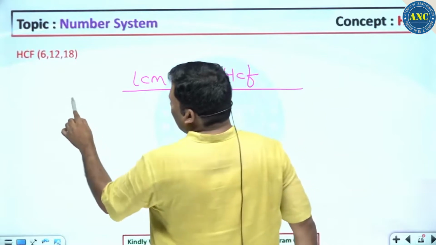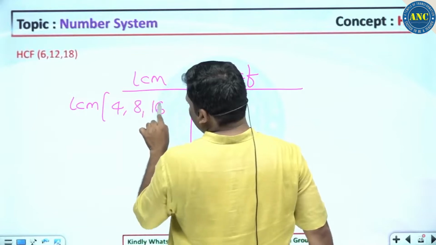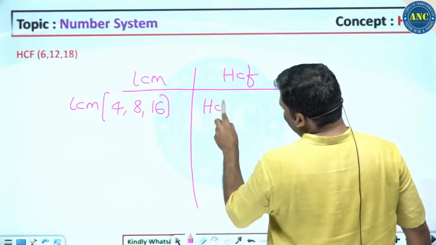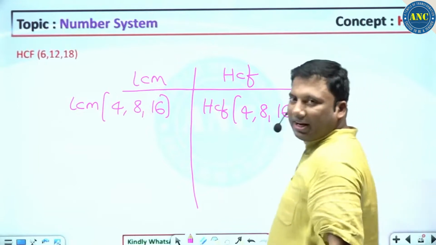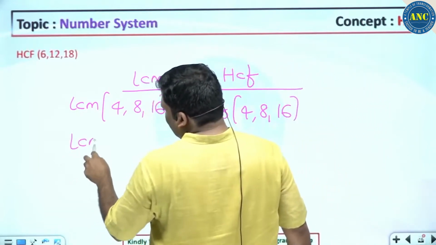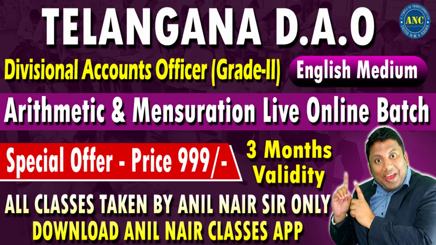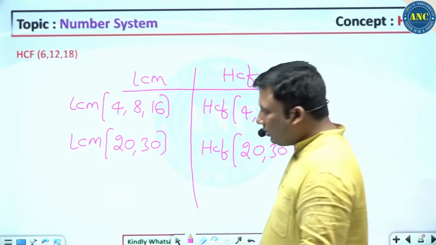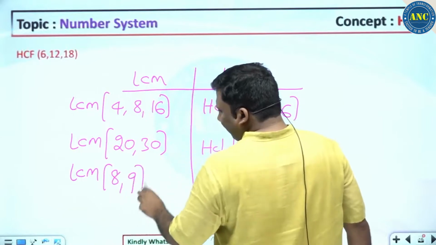Listen carefully, sir. LCM of 4, 8, 16. HCF of 4, 8, 16. Another example: LCM of 20, 30. HCF of 20, 30. LCM of 8 and 9.